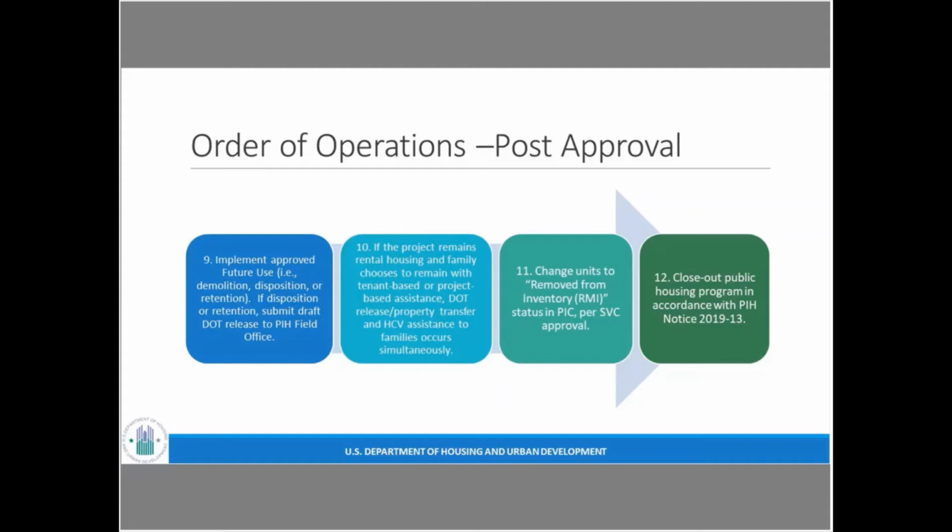And once the property and the units are all out of the PIC system and in RMI status, the conversion is in essence complete, and then the housing authorities will begin working with their field offices to consummate the last aspect of the Streamlined Voluntary Conversion requirements, which is to close out their public housing programs under PH Notice 2019-13.